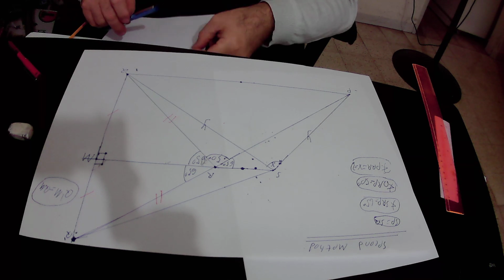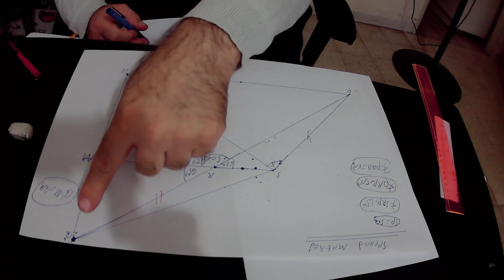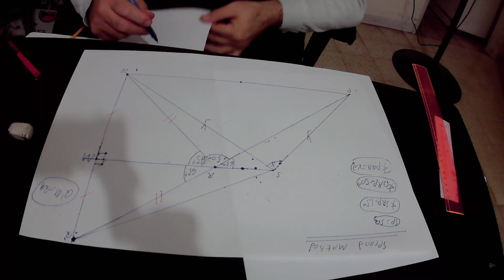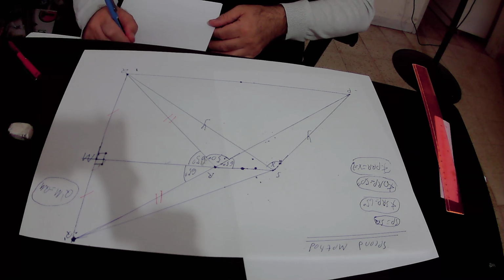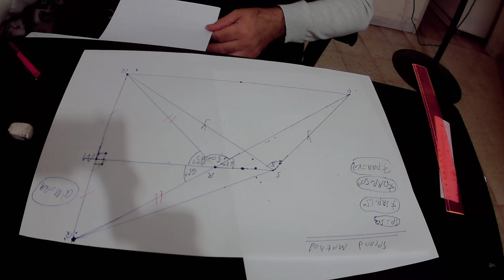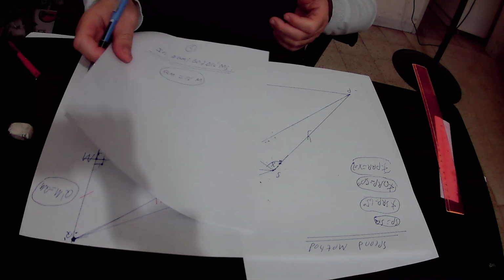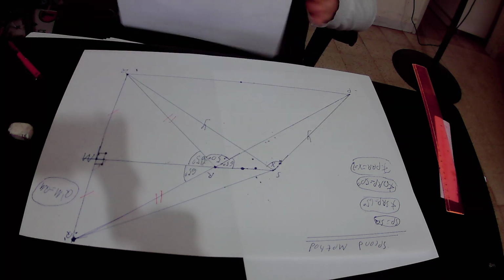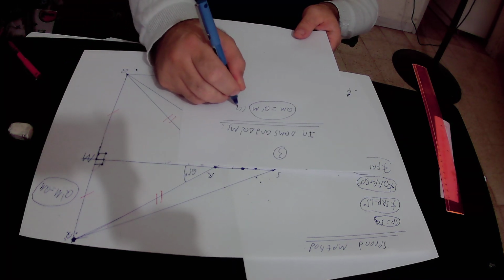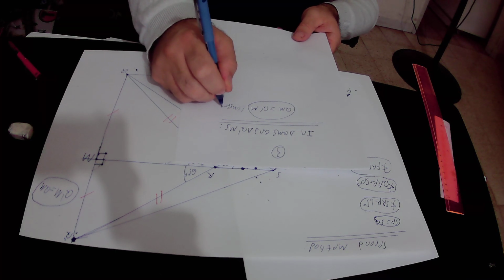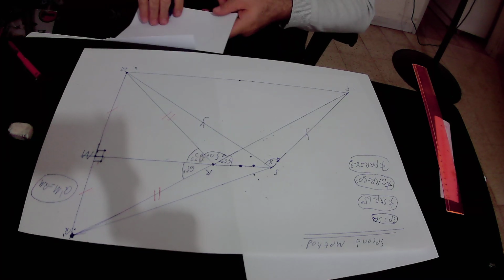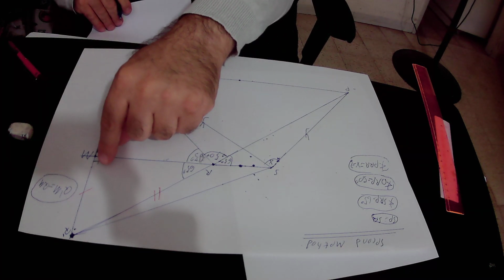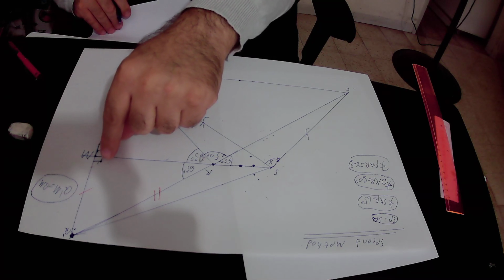First of all, we know that QM equals Q dash M according to our construction. I will write here, it is our construction. We also know that those two angles are equal to each other, they're both equal to 90 degrees.